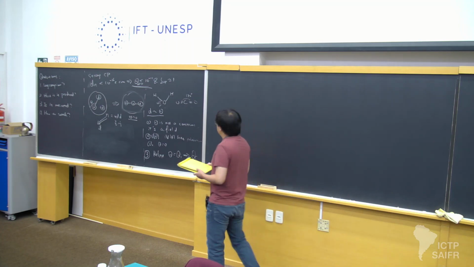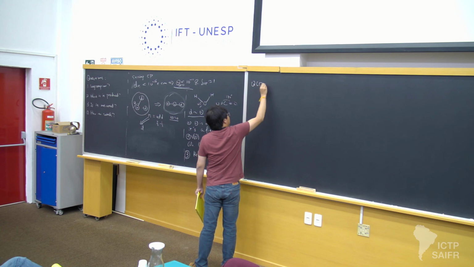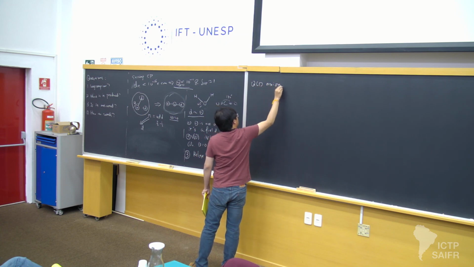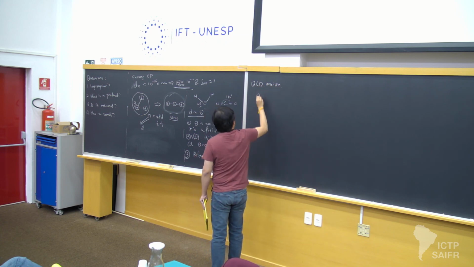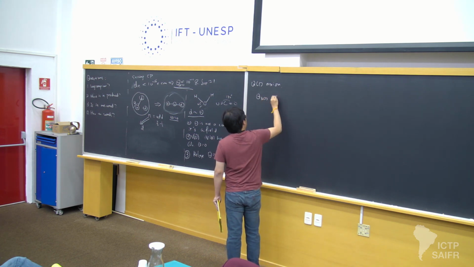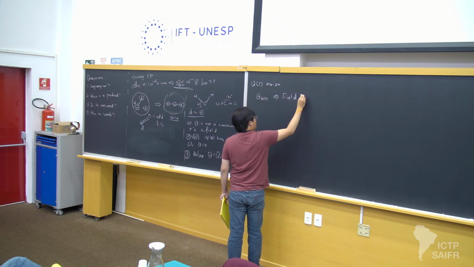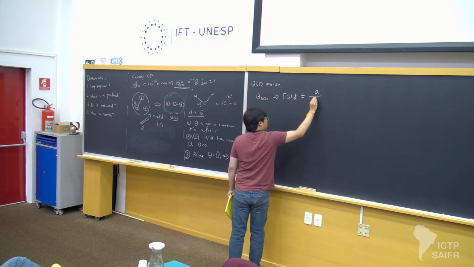And that is basically the idea behind the QCD axion. So the idea is I turn this theta angle, theta QCD, into a field. And this field I'm calling A.